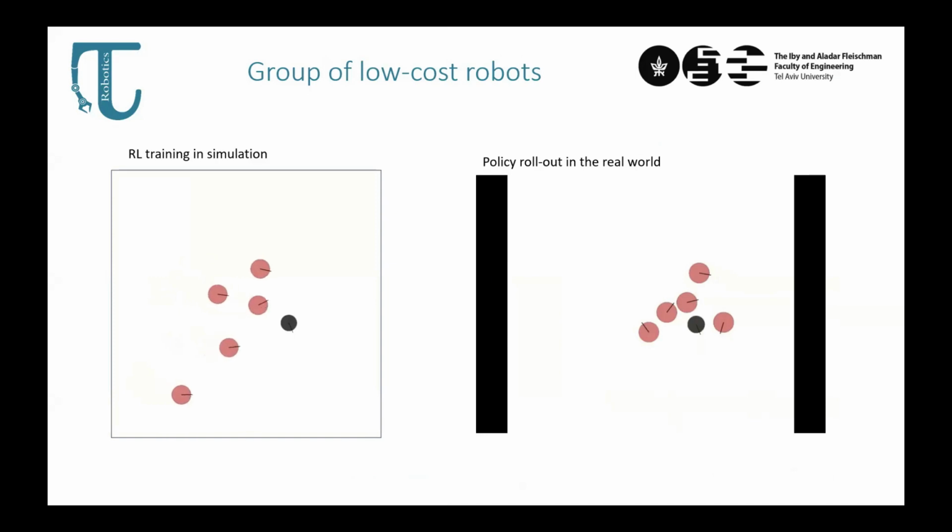Because you started by talking about using data to learn the model, the transition model. You mentioned that the robots were different, and here they seem like they're heading towards some objective. So is this still the model? Are you still learning the model, or is this trajectory?